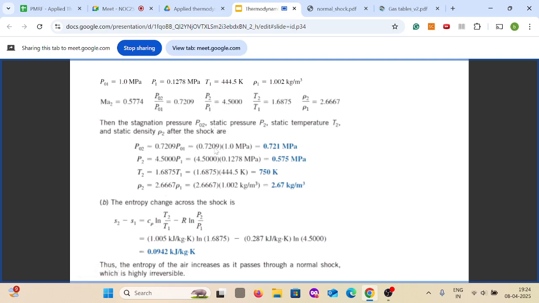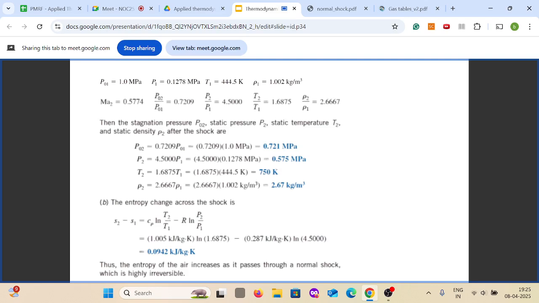We know upstream properties, we just multiply with the constants here, and we get P02 as 0.7209 P01. So 0.7209 into 1, we get 0.721 megapascal. Then P2 is 4.5 times P1, so 4.5 into 0.1278 megapascal. So P2 will be 0.575 megapascal.